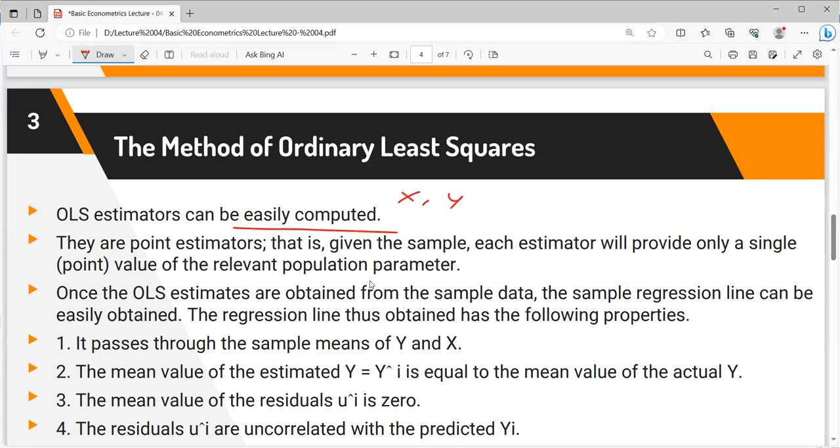If you are given the values of X and Y and you have to find the values of alpha and beta estimated, then by applying the ordinary least square method, you can easily compute them. The second property is that they are point estimators.